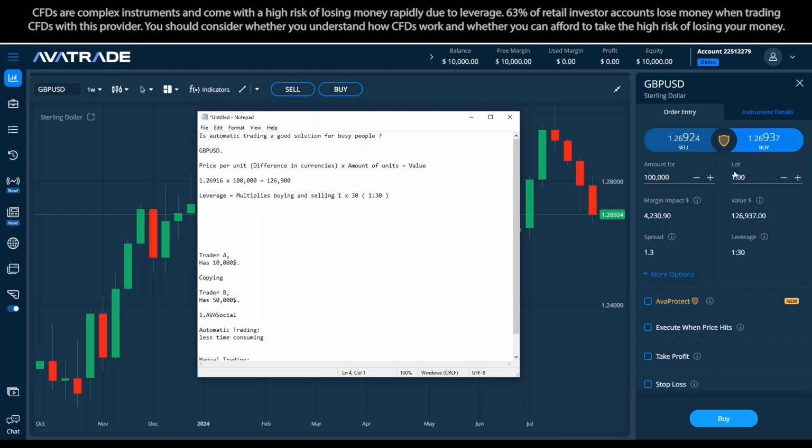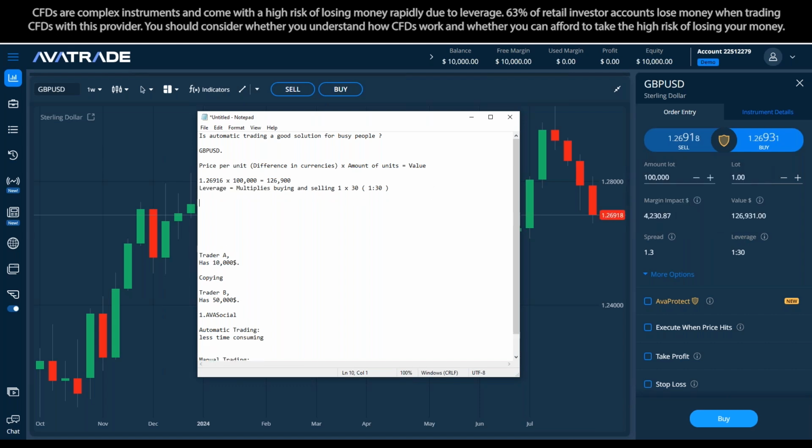Okay, as I was explaining, we have here a certain amount of units, currencies. In here, we have a certain difference. When we are trading that difference, the value of our position will be determined by that times the amount of units. And what allows me to maneuver with much less than the number presented here is a multiplier called leverage.